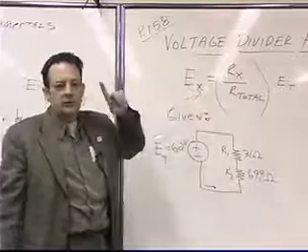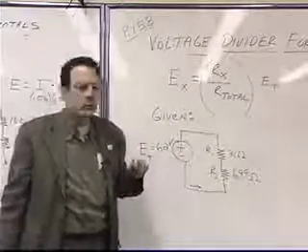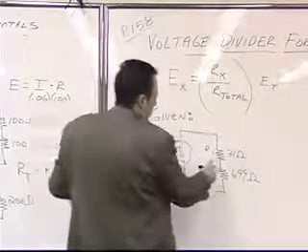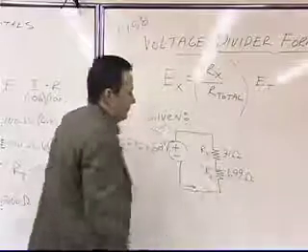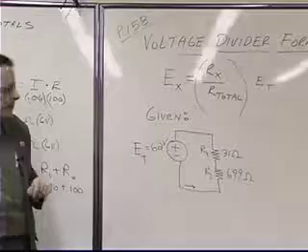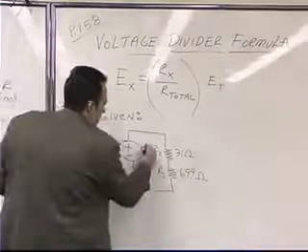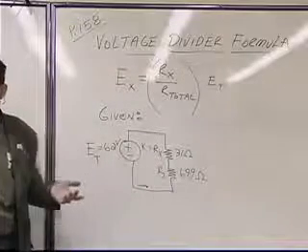So which resistor are we interested in? You tell me. R1? Okay. So this guy right here, we're going to make this guy Rx. That's the one that we're interested in. Okay? It's still R1. I mean, R1 is still equal to Rx, but it's the one that we're interested in.